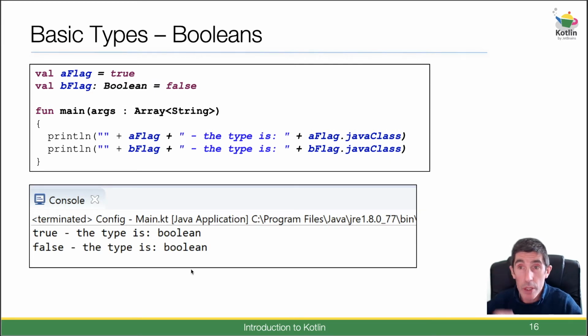Some more examples with Boolean types. We can say there, just assign our a flag to true. Again, inferred, or if you prefer, explicit typing there, specifying that our b flag is of type Boolean and we're giving it a value of false. Very similar to the last little set of slides there. We can print out a flag and b flag, and kind of append the type at the end.